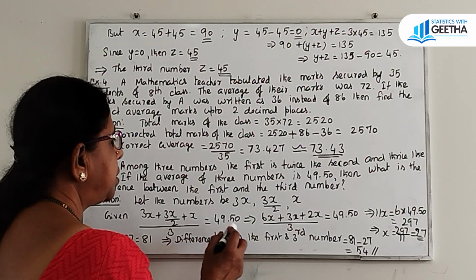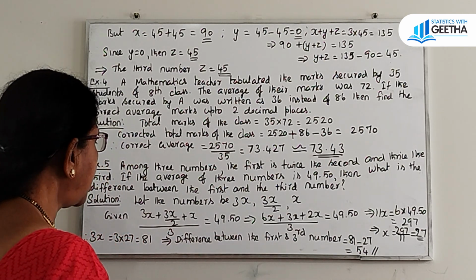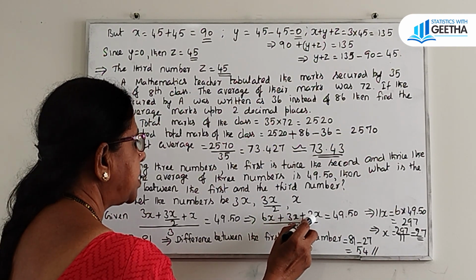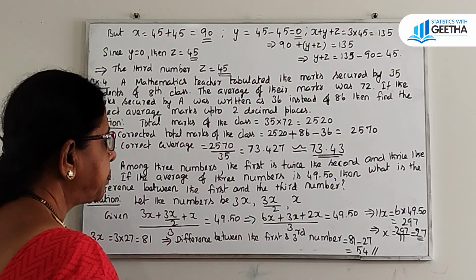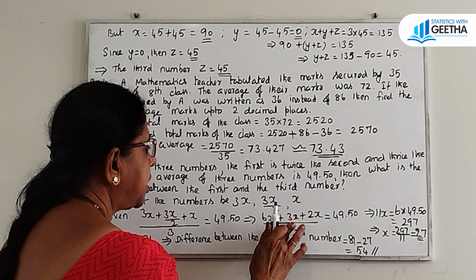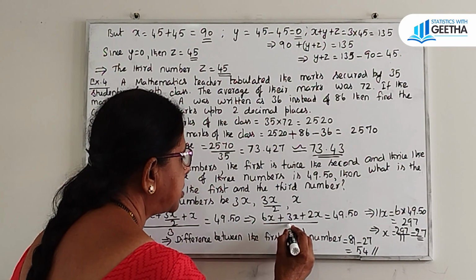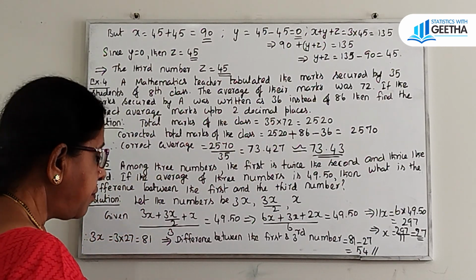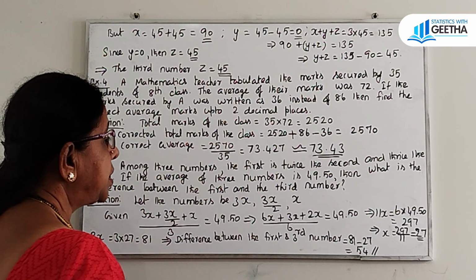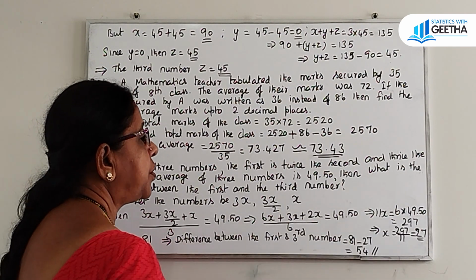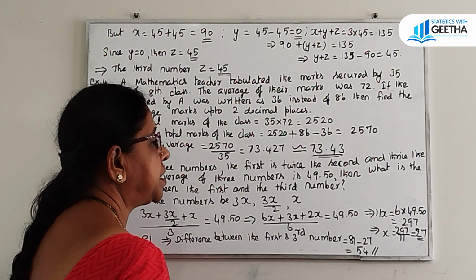இப்போ LCM 2 பண்ணும்போது 6x plus 3x plus 2x divided by 3 into 2, that is 6, equal to 49.50, that implies 11x equal to 6 into 49.50, that is 297.